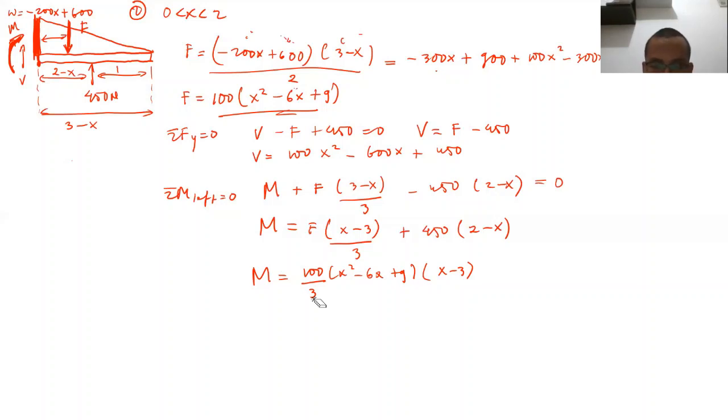Okay, and after that we will have plus 900 minus 450x.